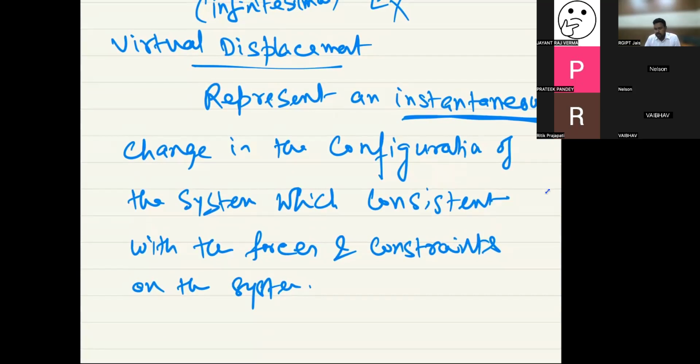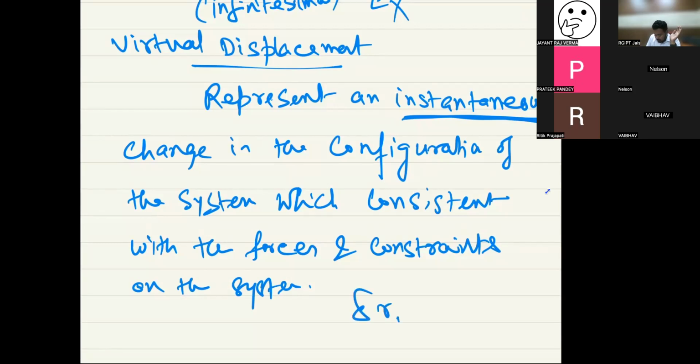So in case of real displacement, you need some time to move the particle from point 1 to point 2. But here we are talking about virtual displacement, which happens instantaneously. They will obey all the laws, all the forces or the constraints that you have on the system, and those are represented by delta Ri.